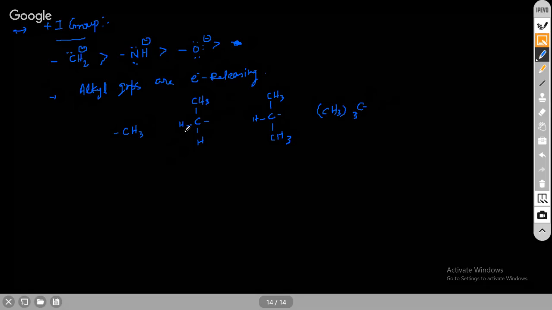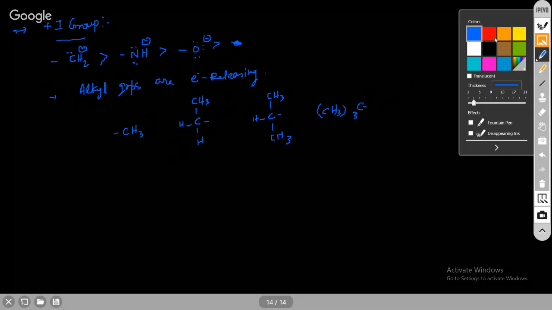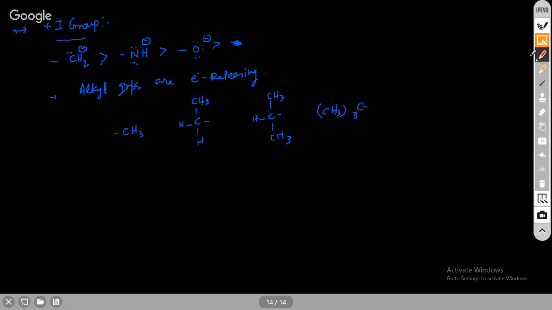For this, the plus I will be maximum for this group because it contains three methyl groups. You see, if you compare these two, this has electron releasing tendency, this has also electron releasing tendency, this has electron releasing tendency, right? So here we have two electron releasing groups. Similarly, here we have three electron releasing. So maximum for this, then we have this one, then we have this, and the last we have this one.